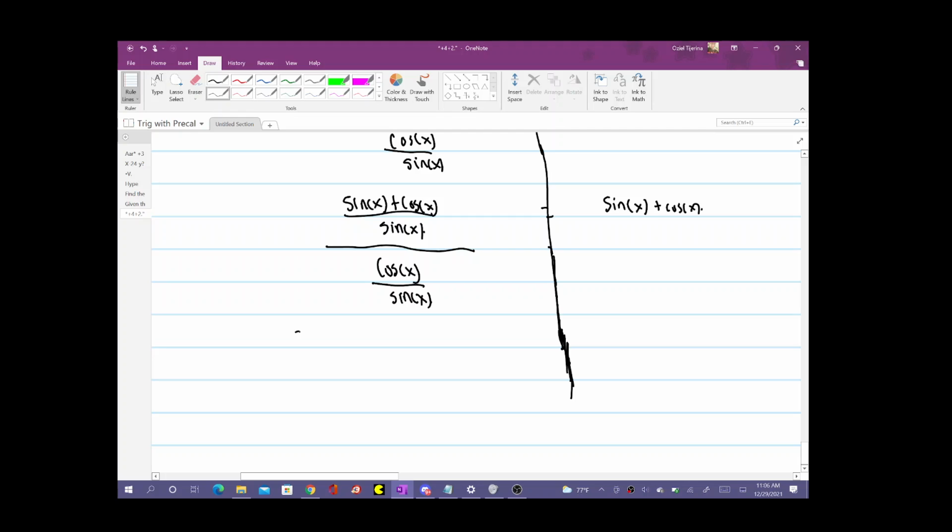So now we have sine of x, and I'm going to make it into a division of 2 fractions. Sine of x plus cosine of x over sine of x, divided by cosine of x over sine of x, equals sine of x plus cosine of x.